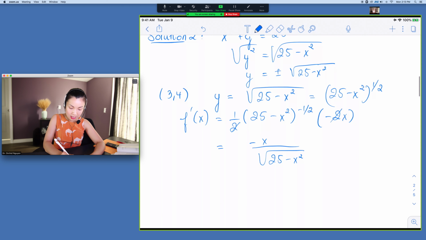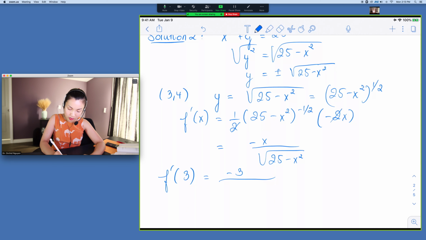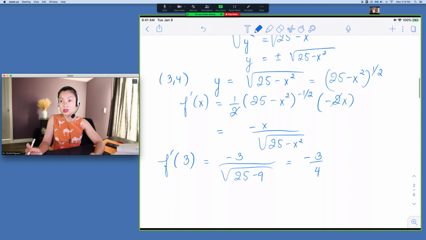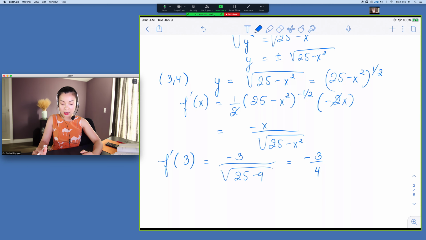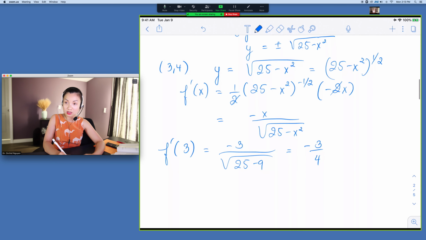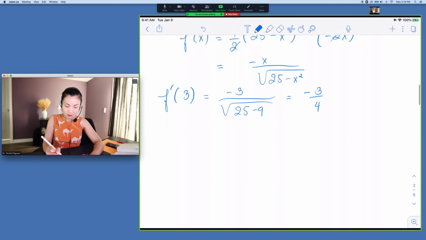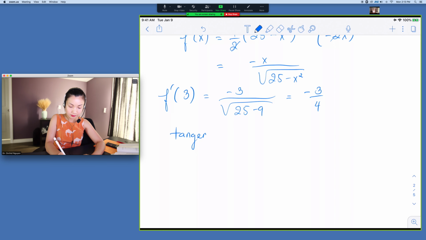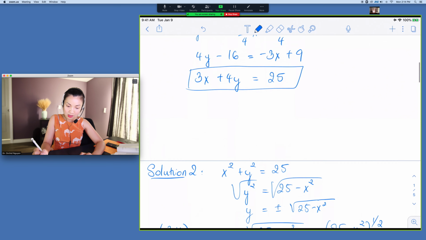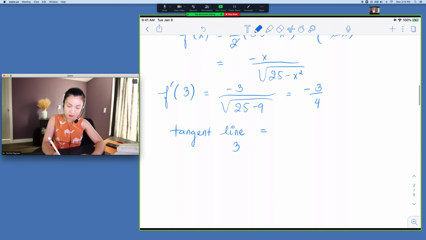Let's plug it in. f prime of 3 gives me negative 3 over the square root of 25 minus 9, which is negative 3/4. Same as solution 1, we got negative 3/4, so the equation of the tangent line is exactly the same: 3x plus 4y equals 25.